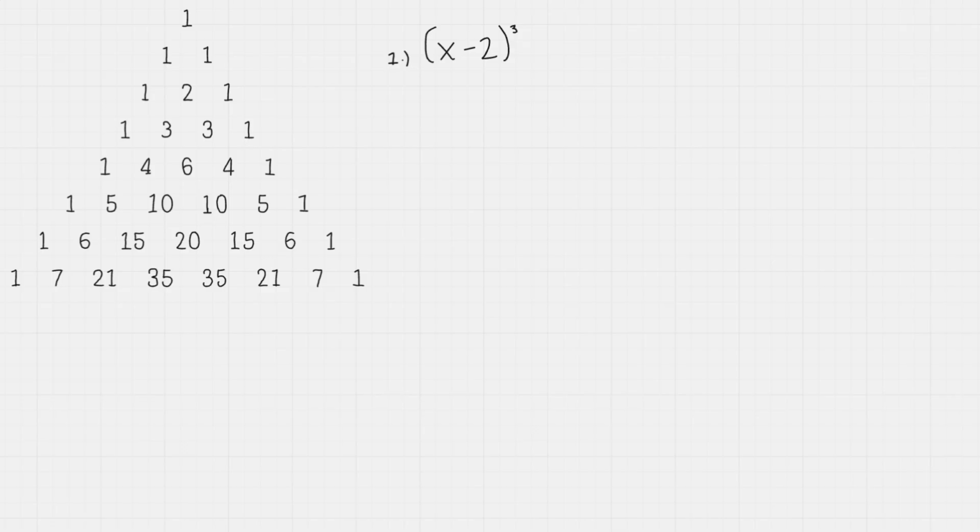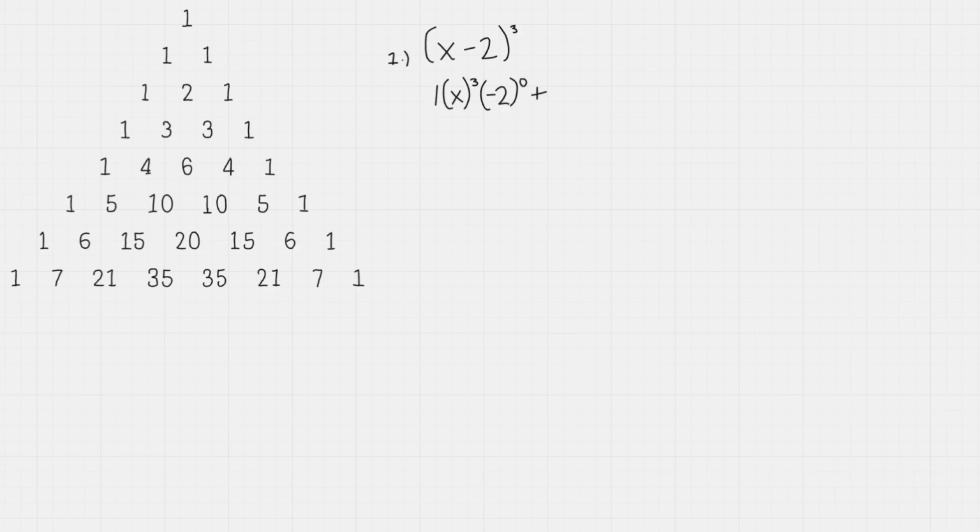How are we going to solve this binomial? We have (x minus 2) cubed. Our first coefficient is 1 times our first variable, x, starting at the power of 3, times our second variable, negative 2, to the power of 0.